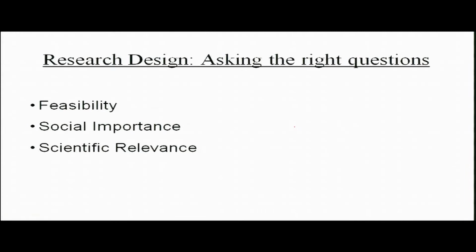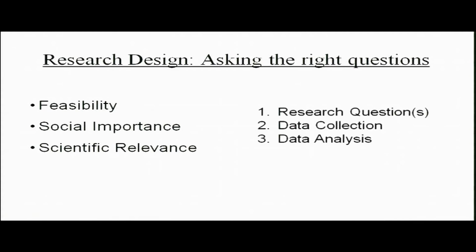So as I said before, in any research design, whether it's quantitative or qualitative, we have to start by asking the right questions, something that we call the research question. So you will see that the way you craft a research question, or a set of research questions, actually determines the next two phases of your research, that is data collection and data analysis.